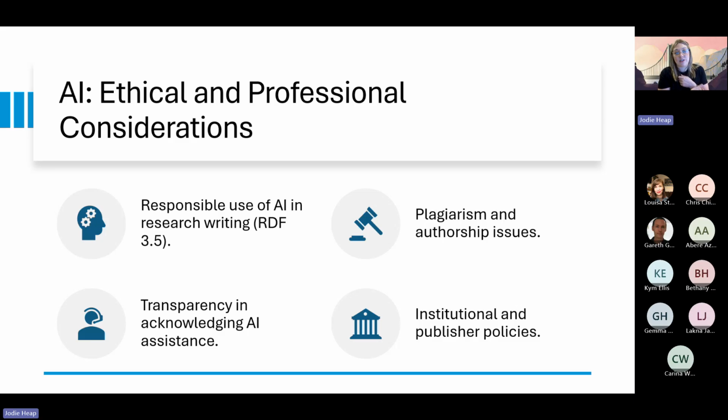One of the biggest issues really surrounds institutional and publisher policies. Does the institution allow us to use these tools in the way that we would like to? And does the publisher, the person who processes our output, what are their standards and expectations, and what would they accept? So there's a growth in this area, and it's certainly something to be aware of.